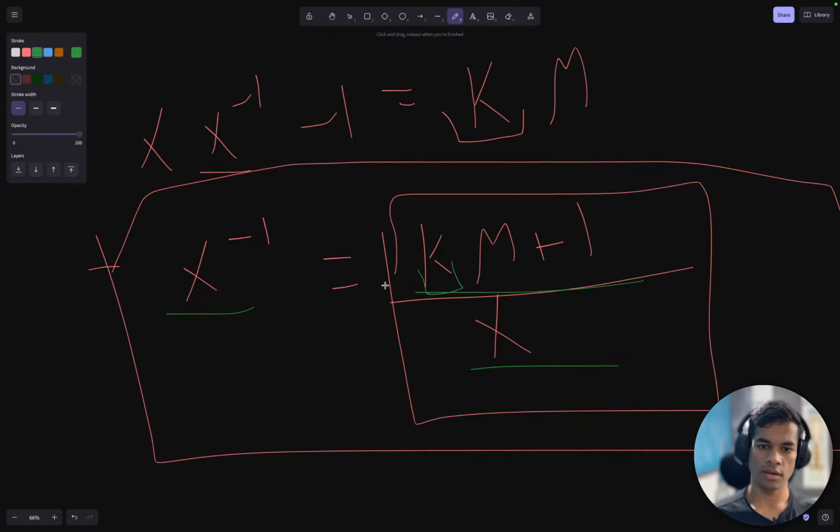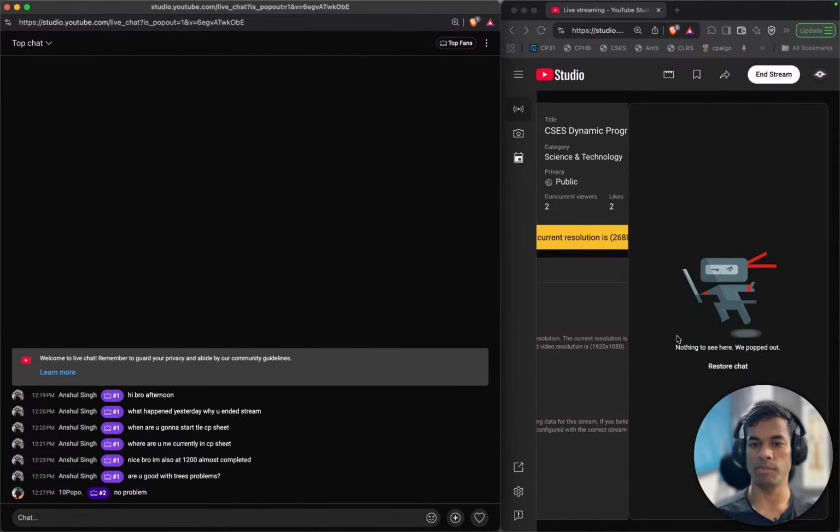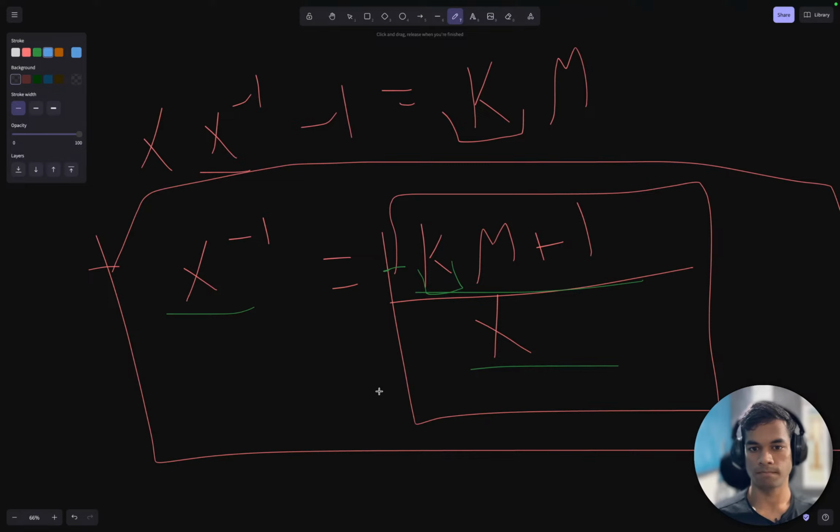I think we would need some help here from ChatGPT or something. x inverse should be equal to k into m, the number with which we want to find the modular inverse for this number x, plus 1, divided by x.